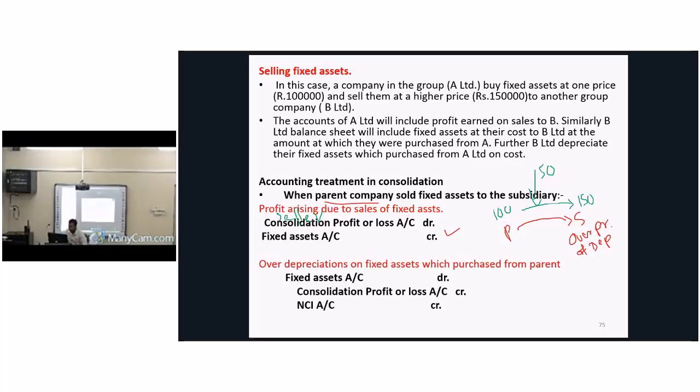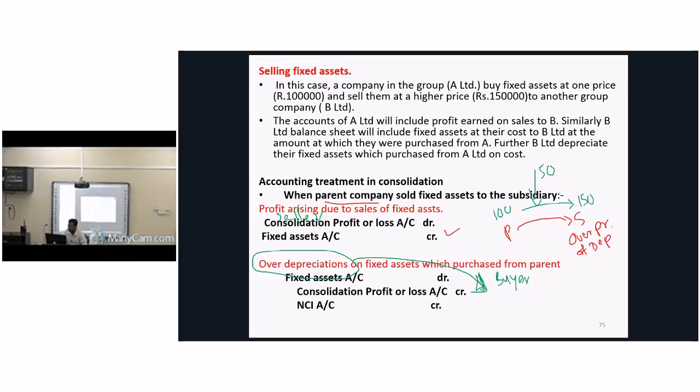If there is any over provision of depreciation on an intercompany fixed asset transaction, you can remember the general double entry. How to remember it? I will write the debit entry first.